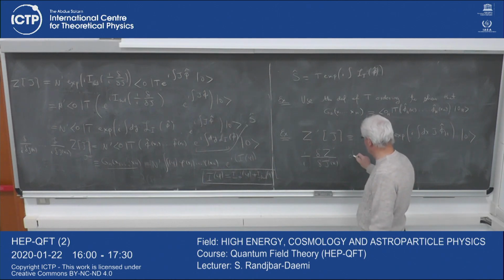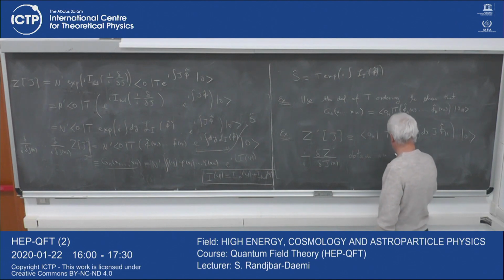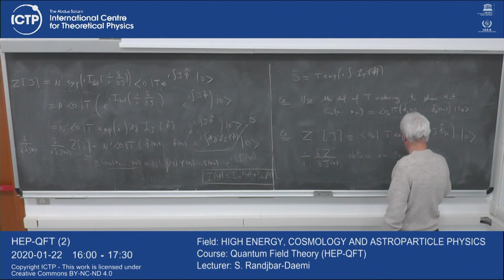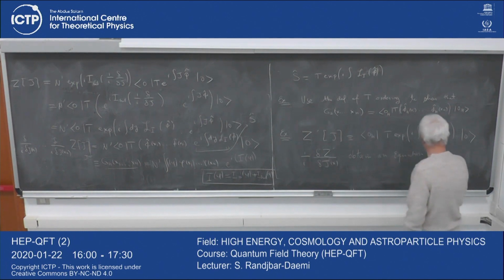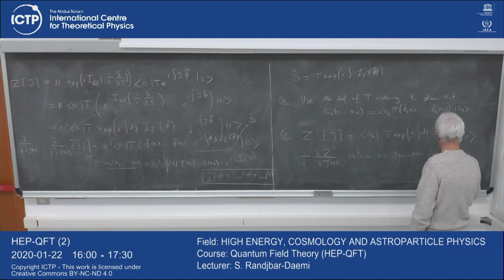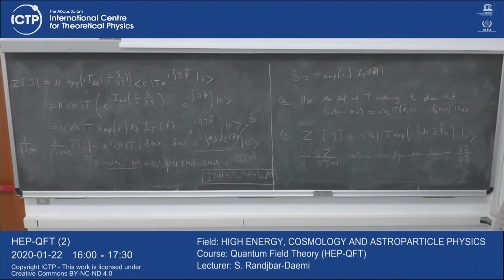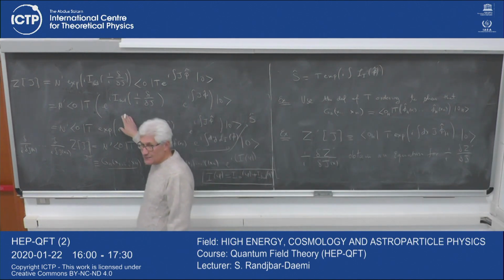Obtain an equation for 1 over I dz prime by dj. Okay? And then show that the z that we have here satisfies that equation.